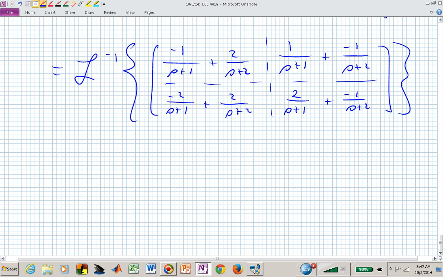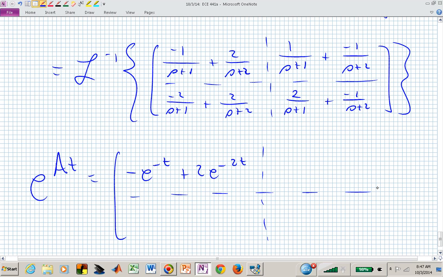So now your matrix exponential, your state transition matrix, e to the at, is what? It's minus e to the minus t plus 2 e to the minus 2t. That's one of your 4 entries in your state transition matrix. Your 1, 2 entry is e to the minus t minus e to the minus 2t.